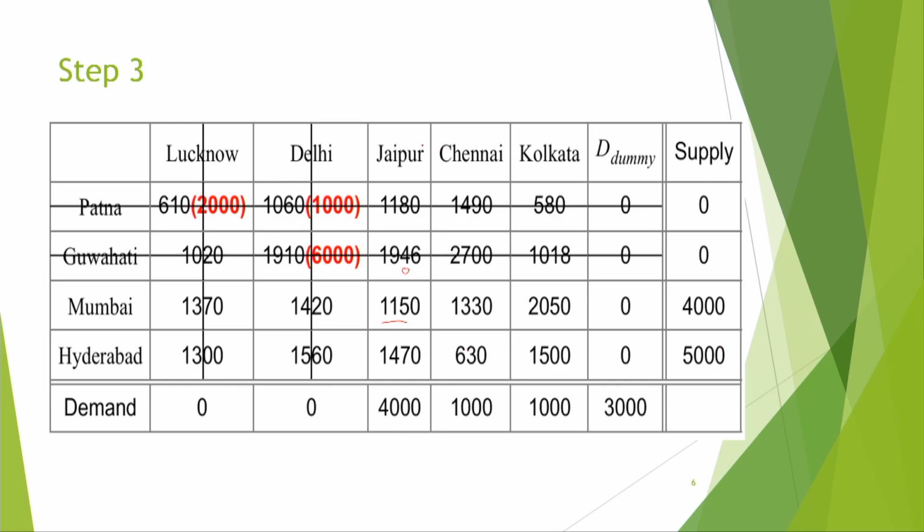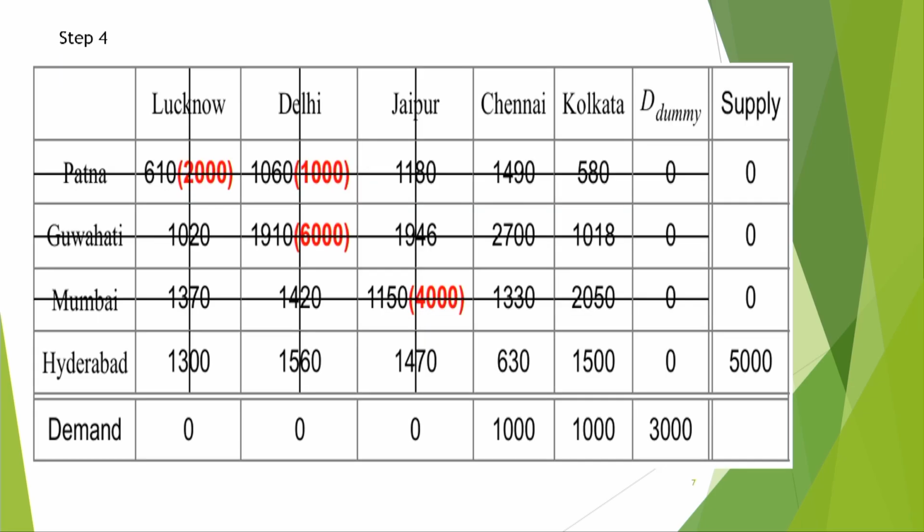So arbitrarily you can remove anything, okay, but not both. Let us see in step 4 what my assistant has done. Maybe he has struck here, he allocated 4000 amount here, and by allocating 4000 amount here, Jaipur is also gone and Mumbai is also gone, okay, fine.